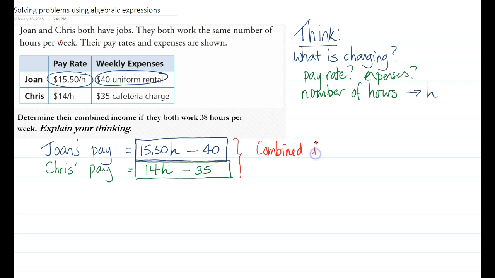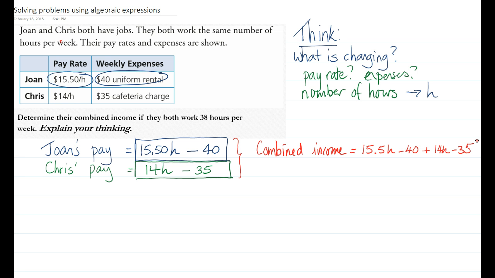So the combined income would be equal to Joan's pay, which is 15.5H minus 40, plus Chris's pay, which is 14H minus 35.